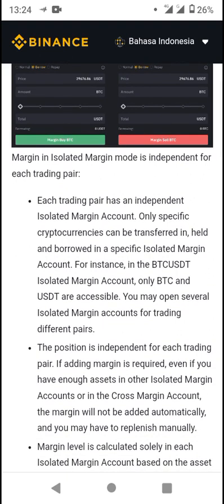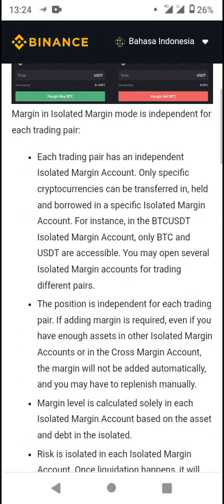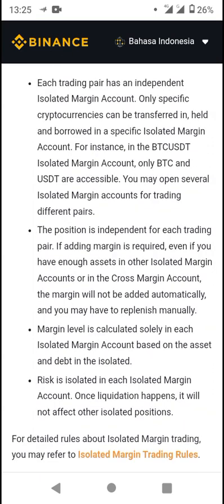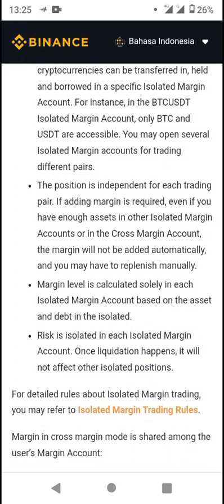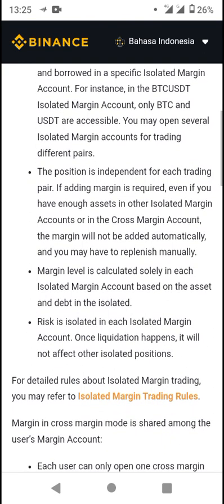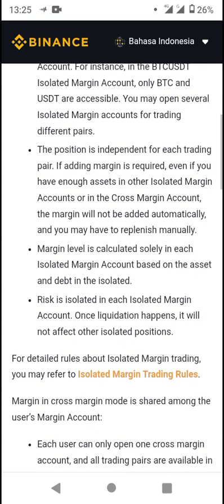Only specific cryptocurrencies can be transferred in, held and borrowed in a specific isolated margin account. For instance, in the BTC USDT isolated margin account, only BTC and USDT are accessible. You can open several isolated margin accounts for trading different pairs. The position is independent for each trading pair, and margin is required even if you have enough assets in other isolated margin accounts or in the cross margin account.